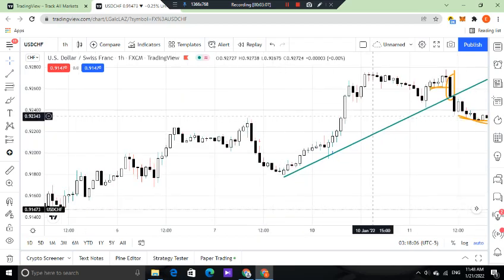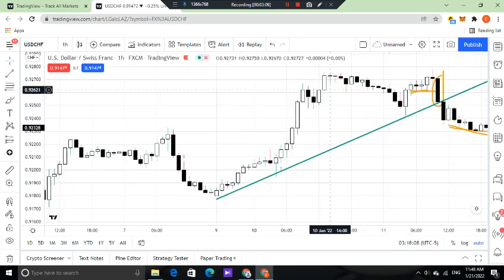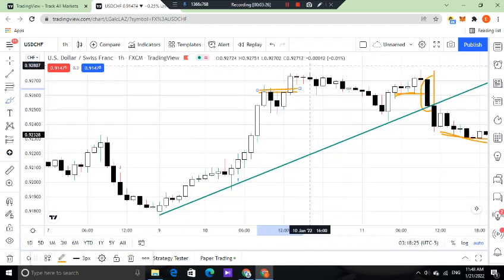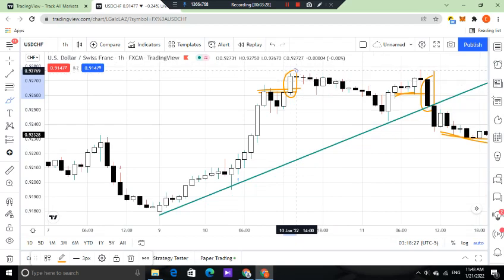How about this one? Okay, this one is an exhaustion gap. Why is that? We had this area, this resistance, and this big candle. It should be big enough.